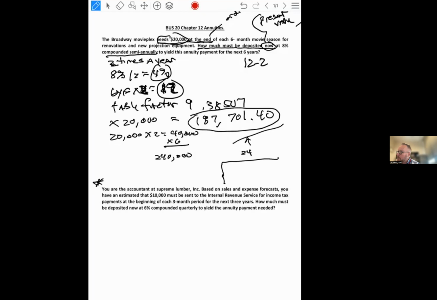So that's what you need to deposit every 6 months. That amount with compound interest will earn at the end that 240,000 that you need. So the present value of the 240 is 187,701. That's the present value of the 240,000, but to do it in payments, you must put in every 6 months $7,820.89. So that's really the answer to the question.